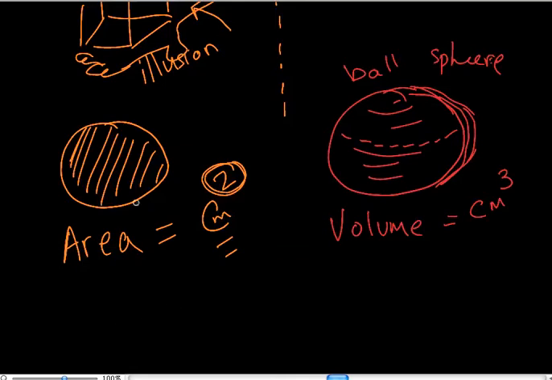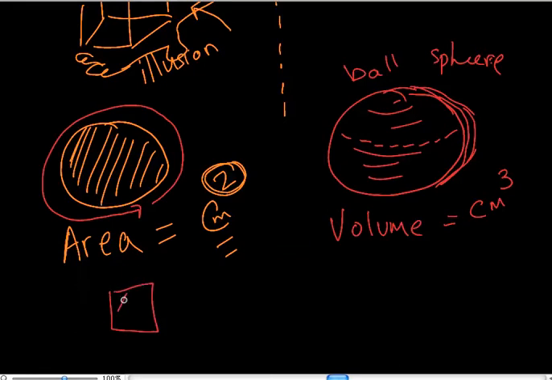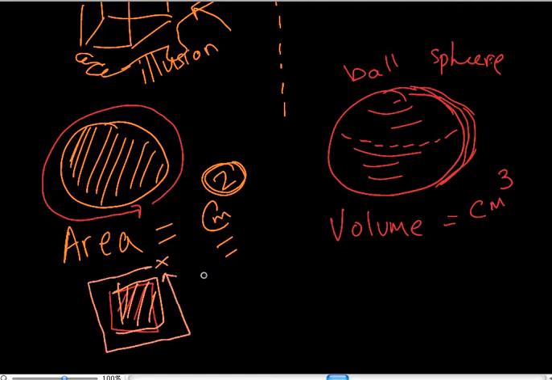Now, if I measure the distance around this circle, or better yet, let me use a square. If I take this square, which is a 2D shape, sorry, I know I said I was going to use orange, so let me go back to that. If I take this square, which is a 2D shape, and I start here and measure the distance around it all the way back, that is one dimension. It's just a linear thing. There's a bunch of lines here, so that would be in centimeters.